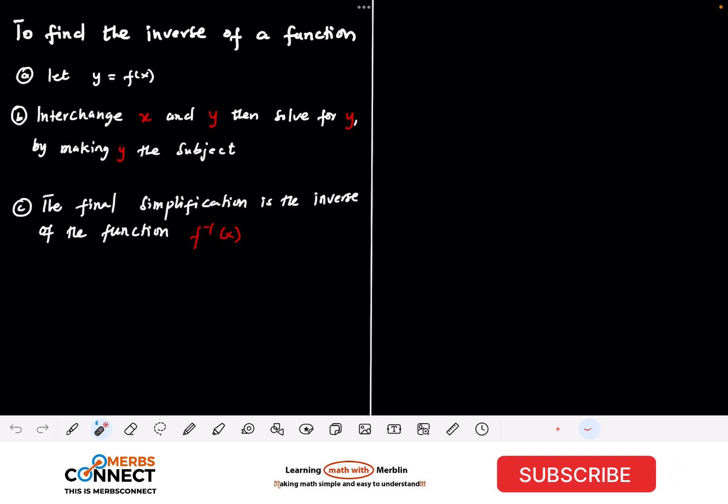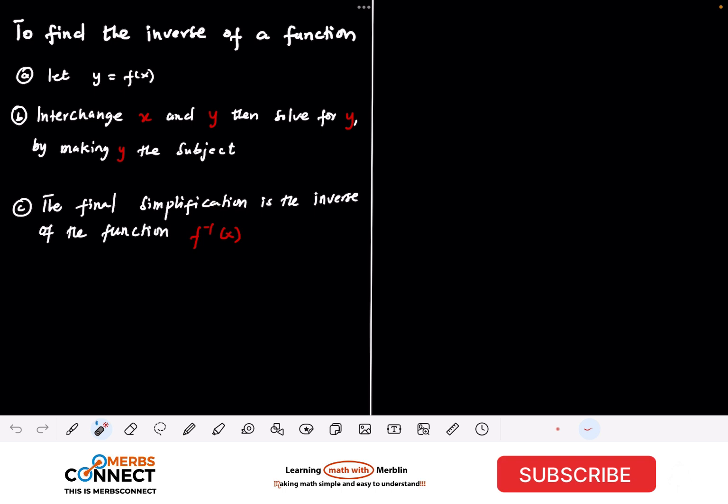So these are the 3 steps that guide us when we are trying to find the inverse of a function. Let y equal f of x, interchange x and y, then solve for y by making y the subject, and then your final simplification is your f inverse of x.